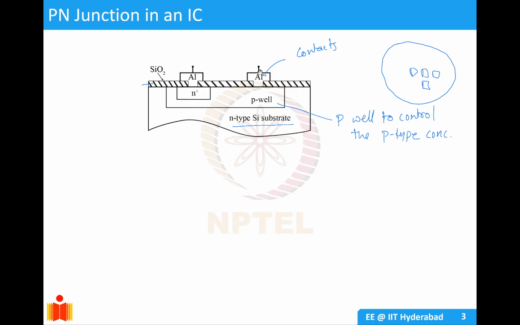So these are our two contacts for our PN junction. And SiO2 is used to block this from outside, except where you need contacts. This fabrication you will study in detail in later classes.